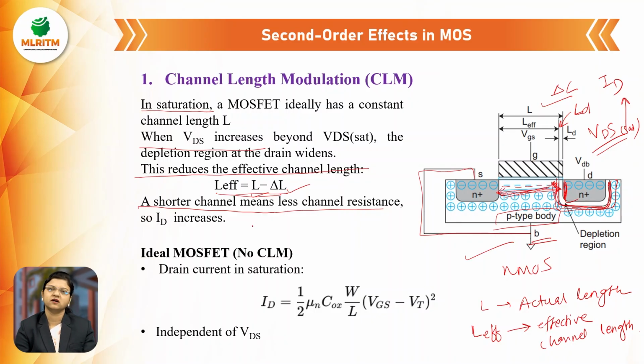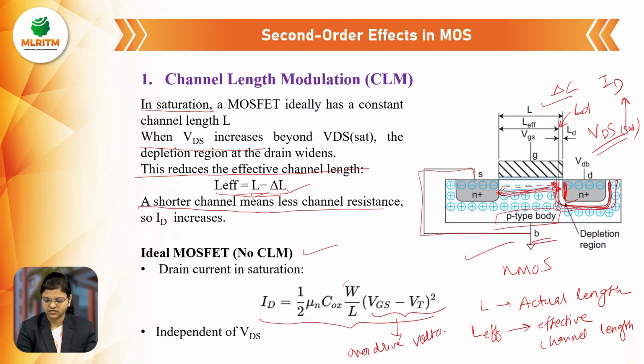Now let us check the expression for the current in the saturation region. If there is no CLM, no channel length modulation present, meaning no further increase of VDS, then the equation will be: ID equals 1 by 2 mu n Cox W by L, VGS minus VT squared. In the earlier lecture we saw that VGS minus VT is nothing but the overdrive voltage.